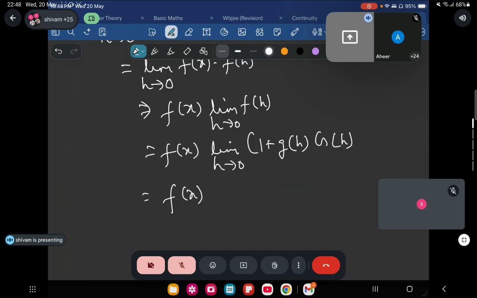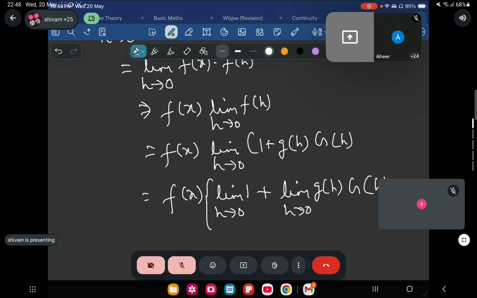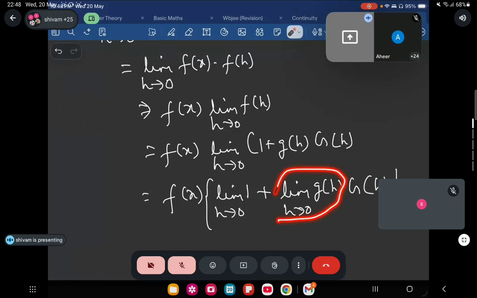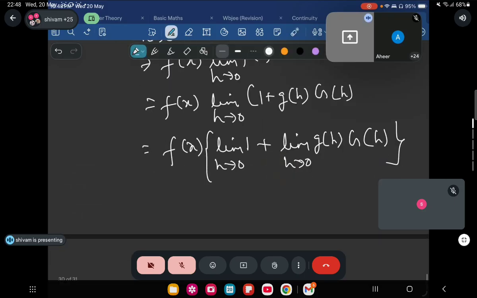This will be equal to f of x into limit h tends to 0, 1 plus limit h tends to 0, g of h into capital G of h. Now tell me, what is limit h tends to 0, g of h? The value is 0. And limit h tends to 0, 1 is 1. So this is equal to f of x.